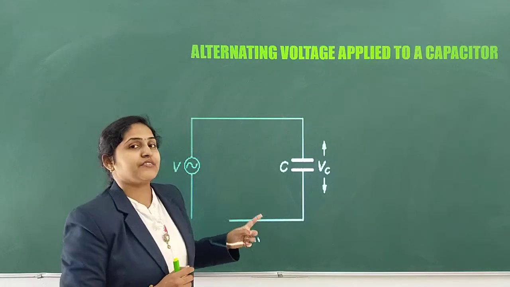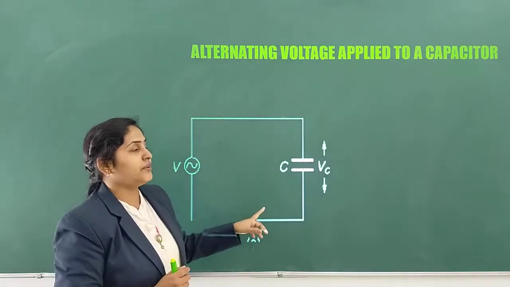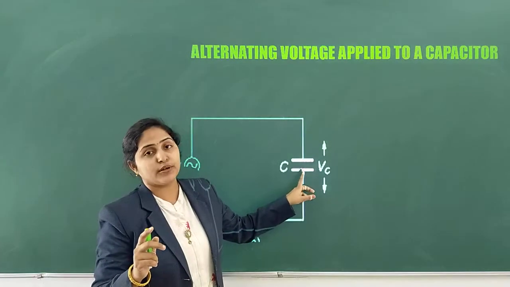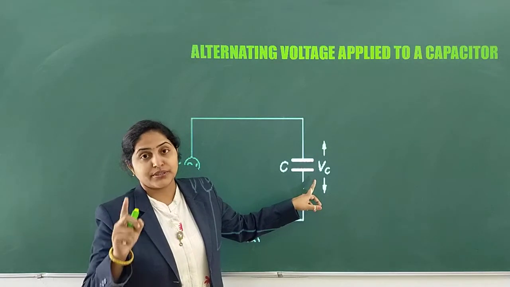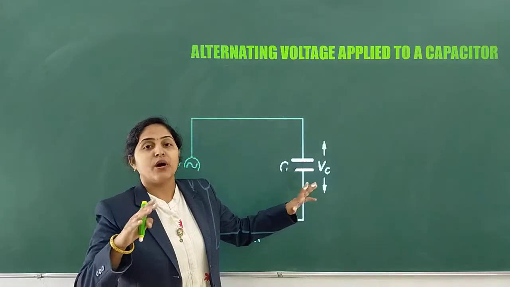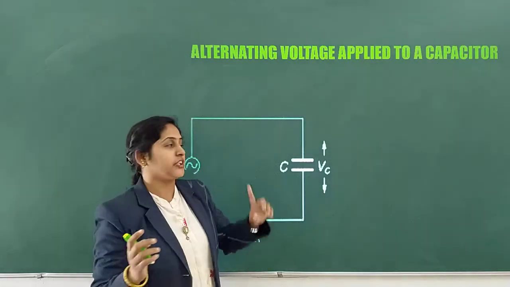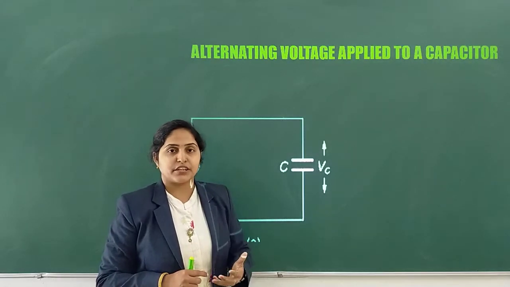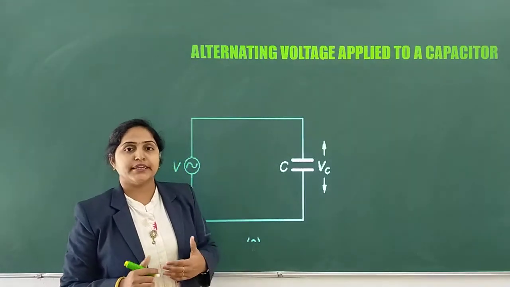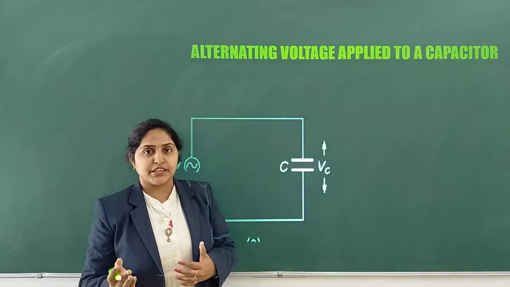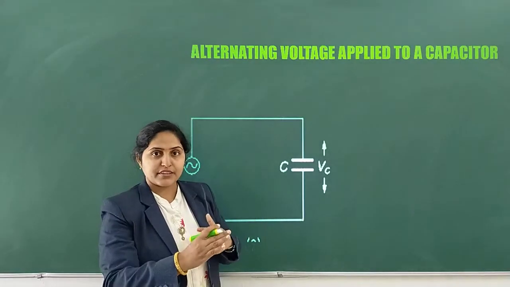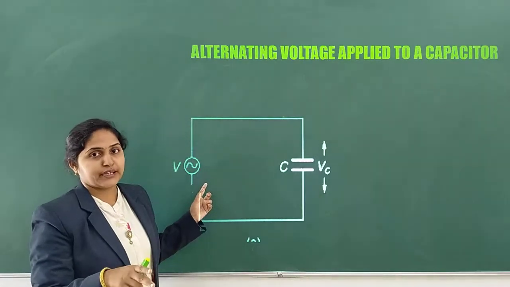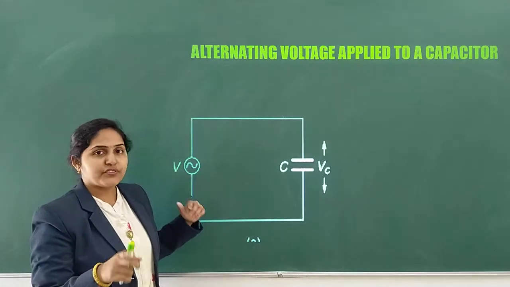In this case, the current will be flowing through the circuit, but current will never flow through the capacitor. There will be continuous, alternating charging and discharging of the plates of the capacitor. Charging for the positive half cycle, because this alternating current has both positive and negative cycles.